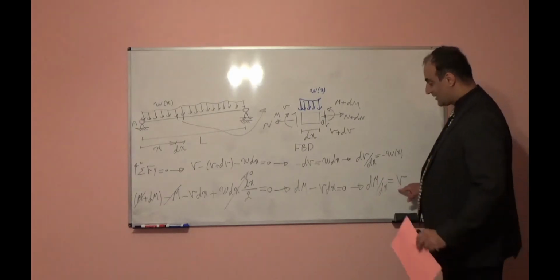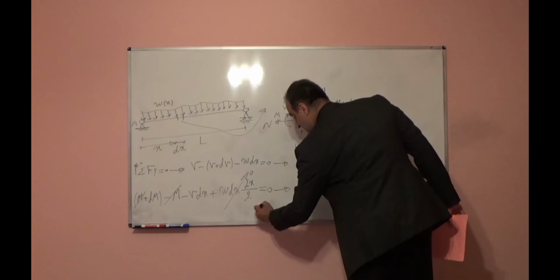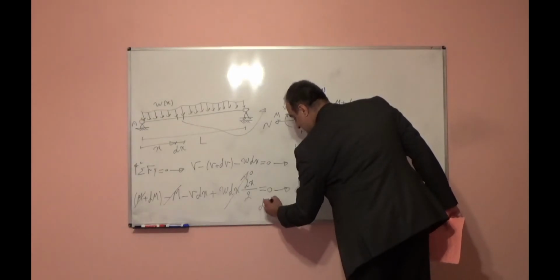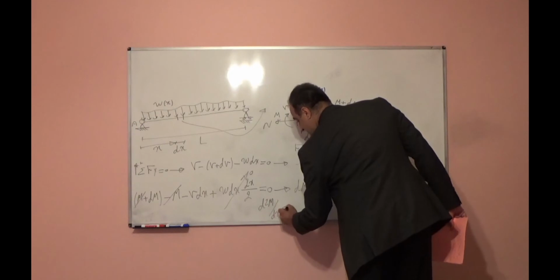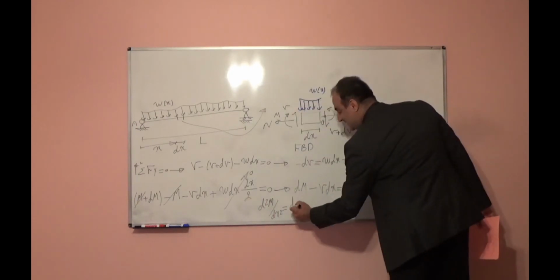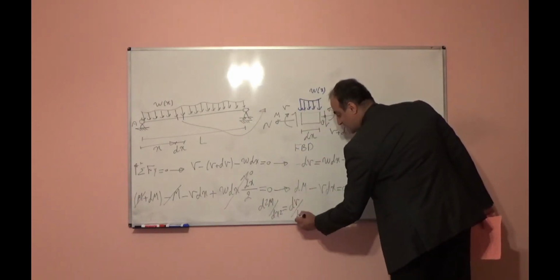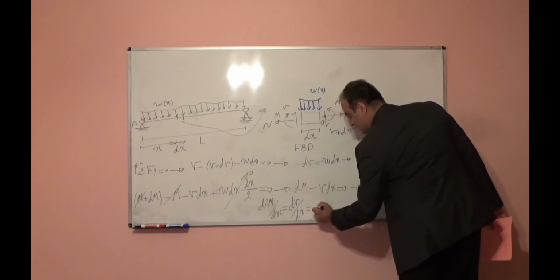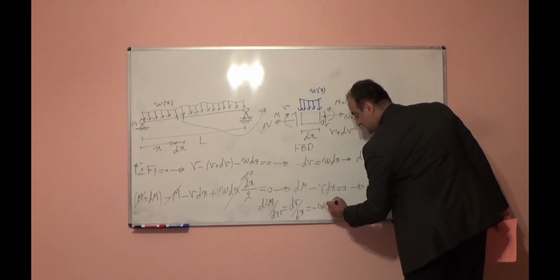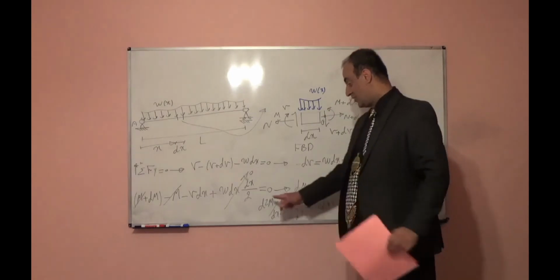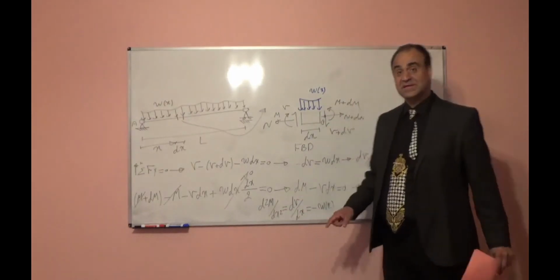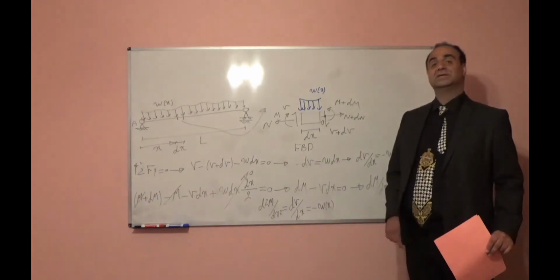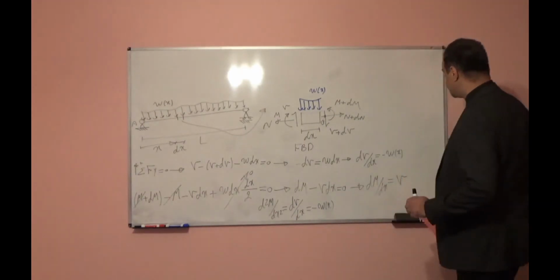If I take one more derivative of this, the second derivative of m with respect to x will be equal to the derivative of v with respect to x, which is equal to minus w(x). This means the second derivative of moment with respect to x is equal to the derivative of shear with respect to x, which is equal to the intensity of the load.